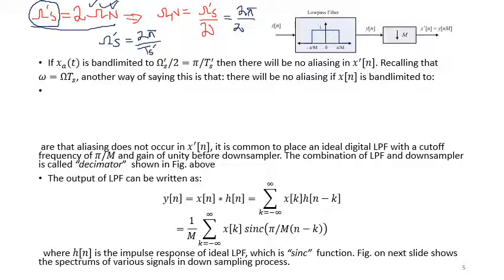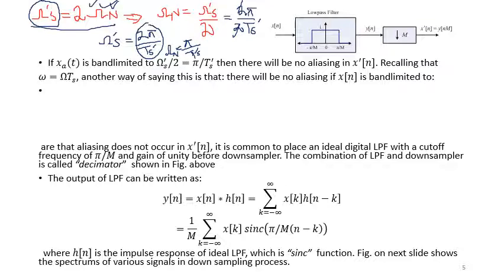So because we have this relationship, omega prime s equals 2 pi by Ts prime, we replace the value here, we cancel the 2, and we get the maximum frequency equals pi by Ts prime. I hope that's clear. That's your maximum frequency.